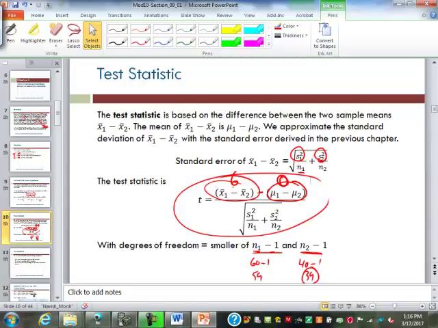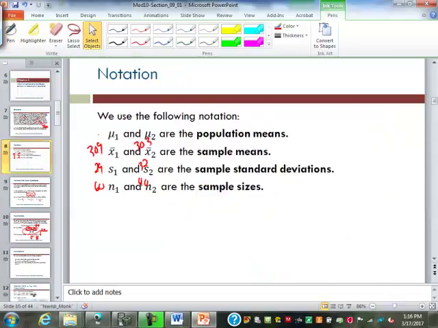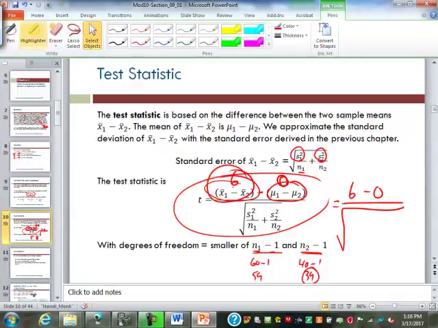So 6 was our difference in our sample means, minus 0 is our hypothesized difference in the population means. This is going to be the square root of standard deviation. The first standard deviation was 29, so that's 29 squared. That sample size was 60. Second standard deviation was 32, so that's 32 squared. And that sample size was 40.